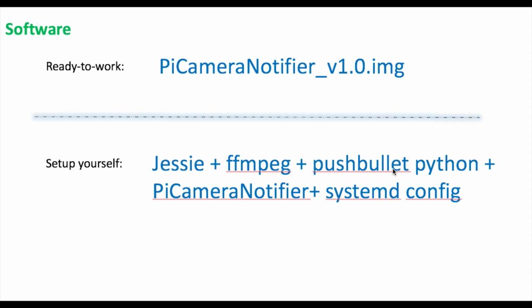We need the Pushbullet Python library for notification. One reminder for ffmpeg: it is not ready to install via the apt-get command on Jessie at the time I make this tutorial. You have to compile it from source code.